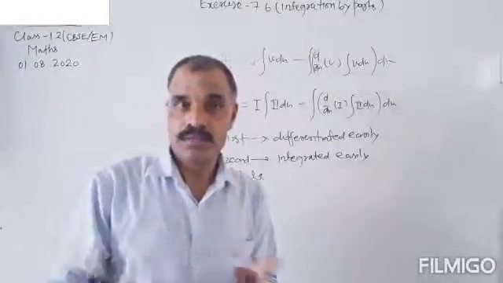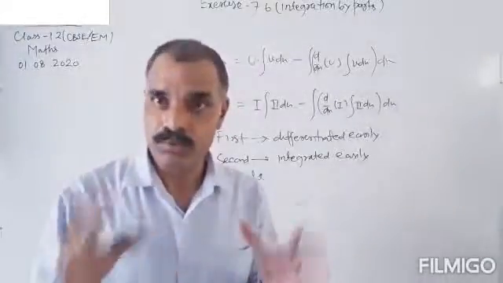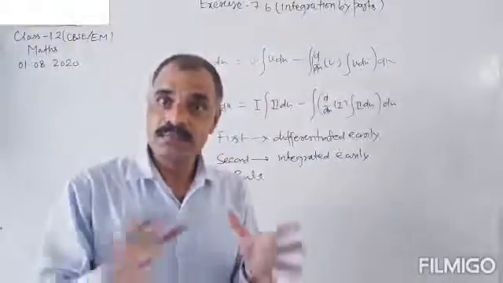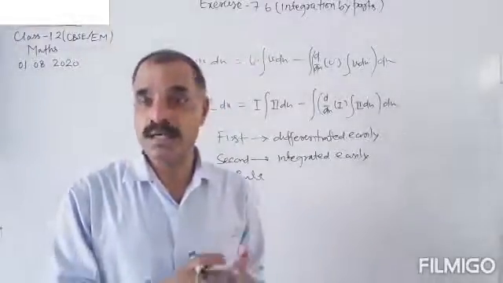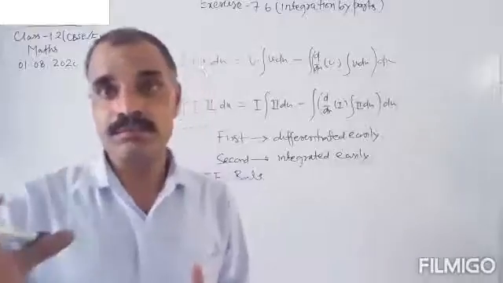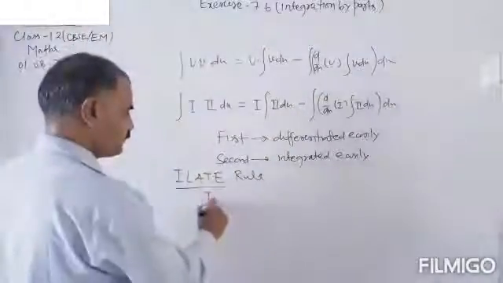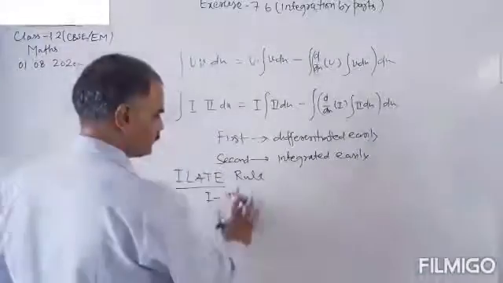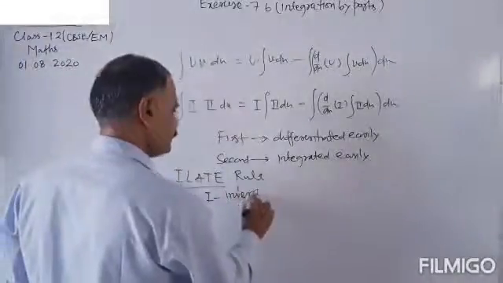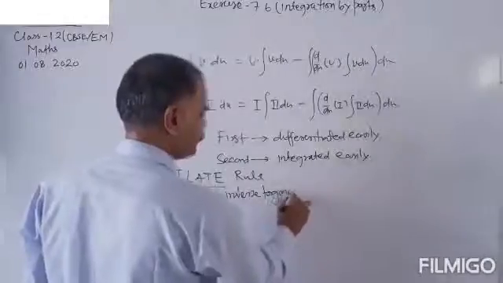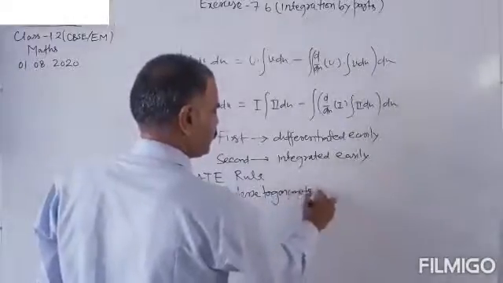If any two functions are in product form and one of them is an inverse trigonometric function, then the inverse trigonometric function will be the first function.